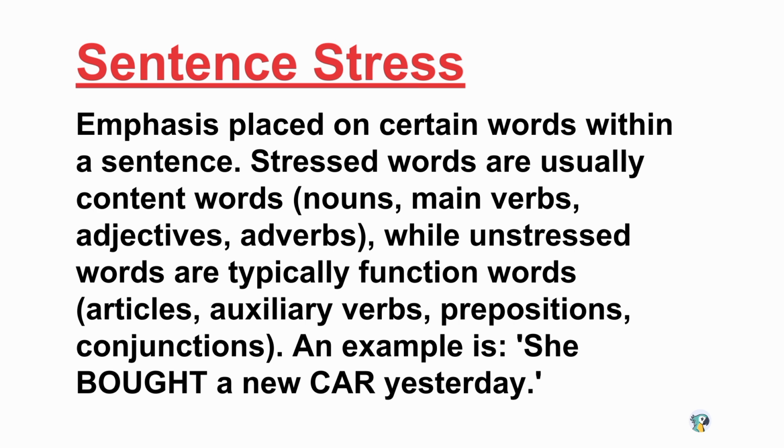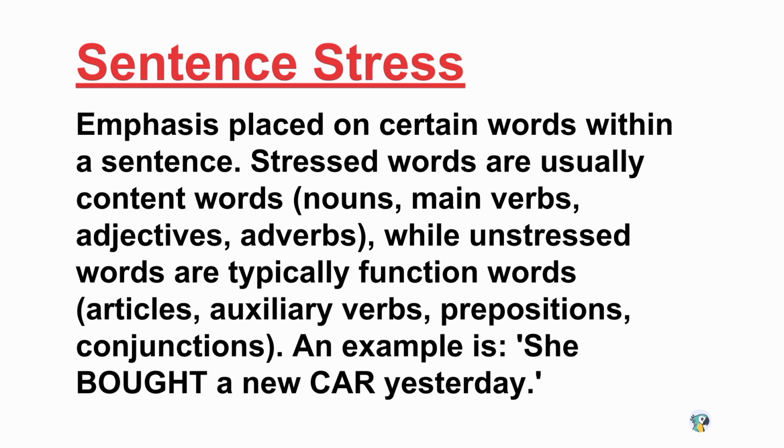An example is, she bought a new car yesterday. Bought here is stressed. It's a verb. That is, she didn't sell, she bought. She didn't borrow, she bought it. A new car. She didn't buy a new bike. She didn't buy a new aeroplane.